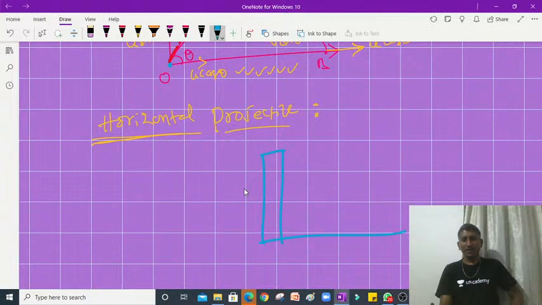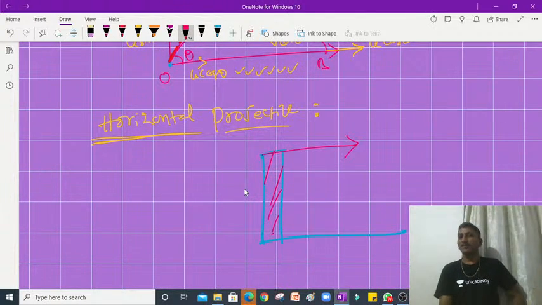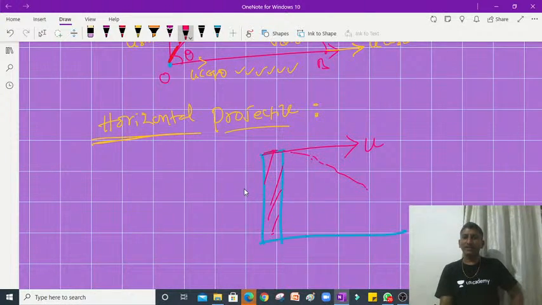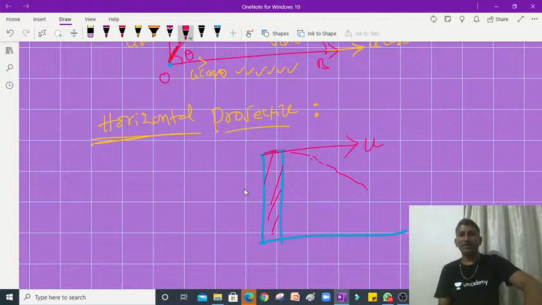Students, you see here, from a certain height one projectile is projected like this with initial velocity u, horizontally. So that time, due to the pull of the earth, which means gravity, its path is changing, right?